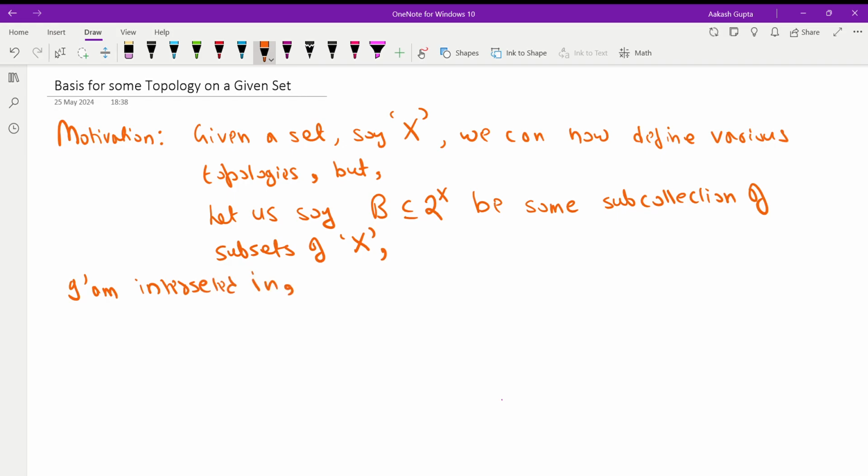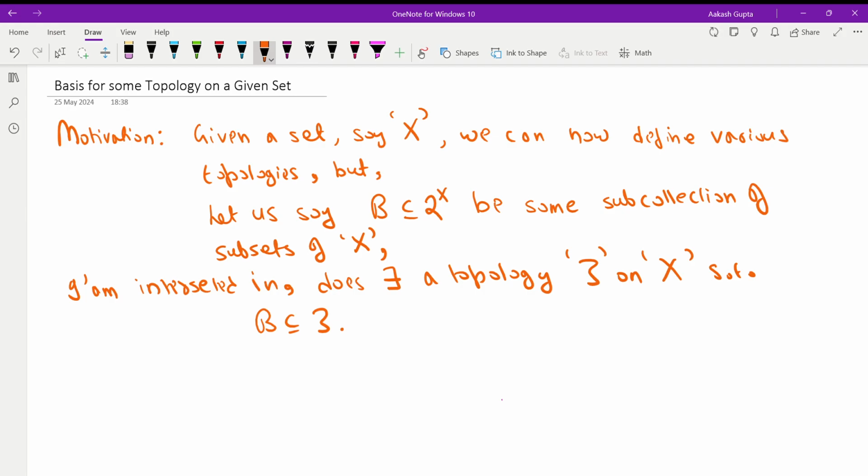in a difficult question. The difficult question is, does there exist a topology tau on X such that script B is also sitting inside tau? See, this is very interesting.